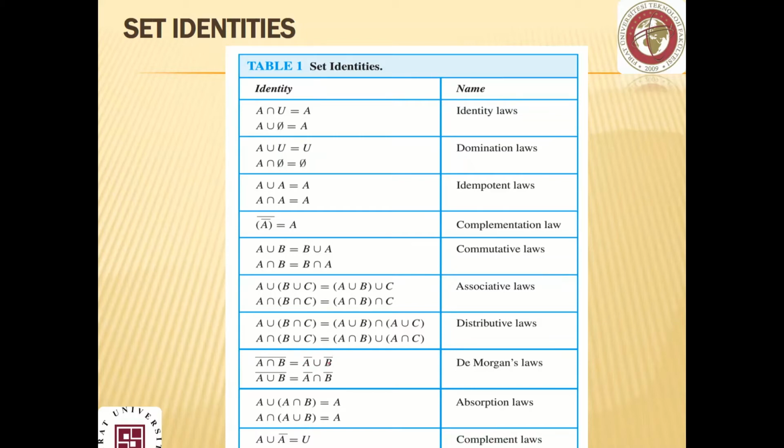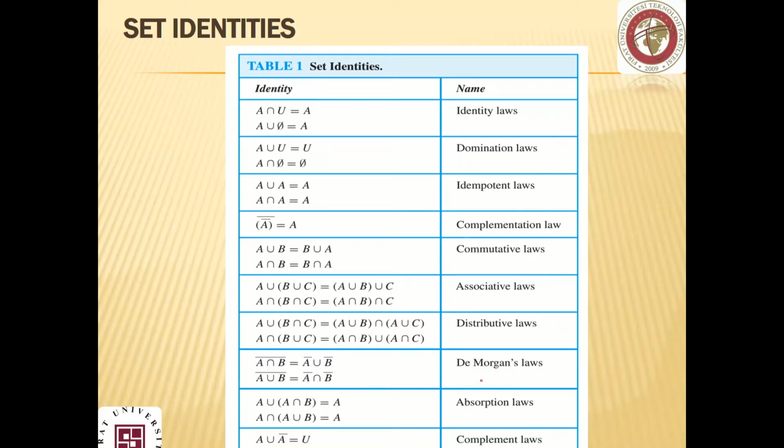That will be the union of their complementation process. The other way around, the second De Morgan's law: if you apply the complementation to A union B, it would be the intersection of their own individual complementations. That means A bar intersection B bar.